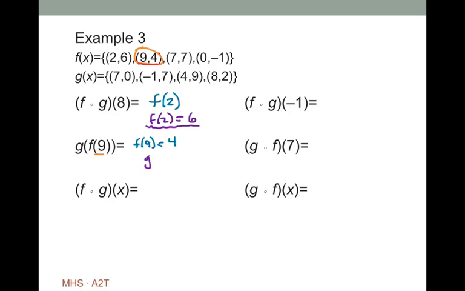Now take that value and say what g of that value is. So in other words, what is g of f of 9 or g of 4? If you look at the g function and you look for an x value of 4, you find it right here. So g of f of 9, which is g of 4, is equal to 9.